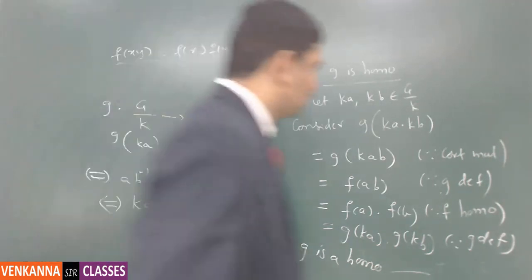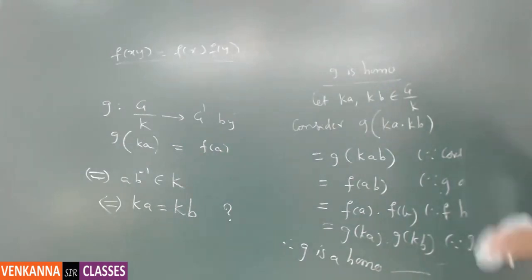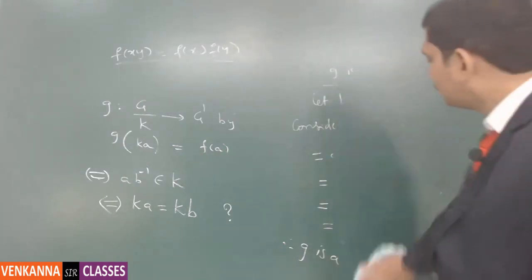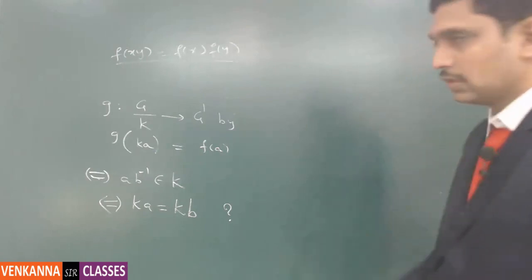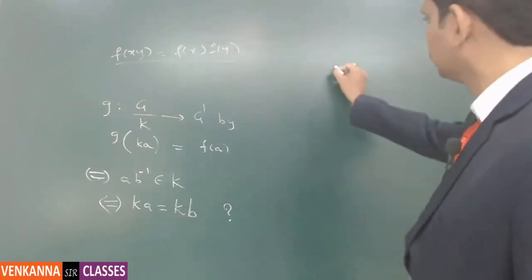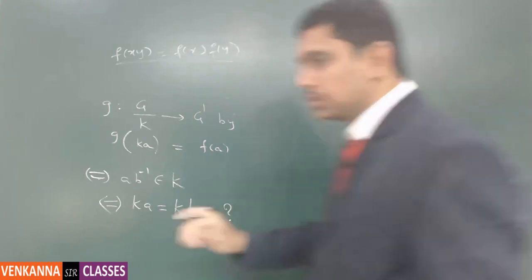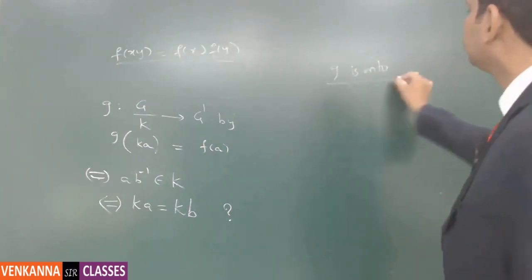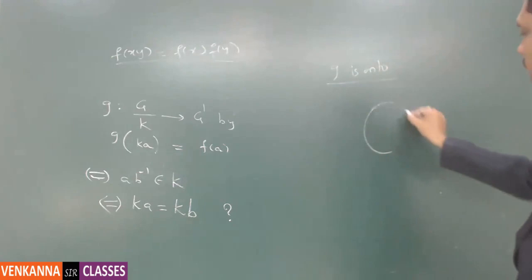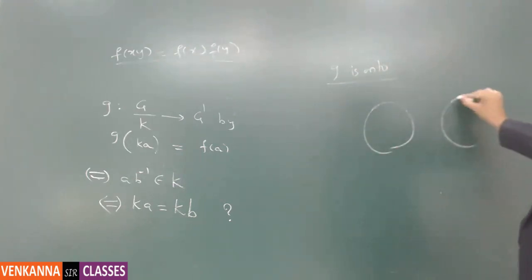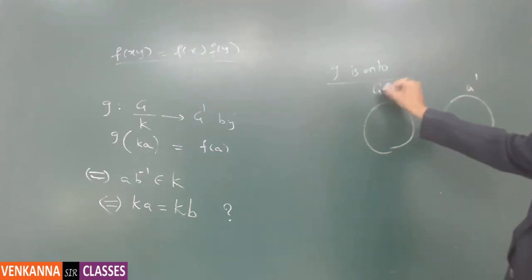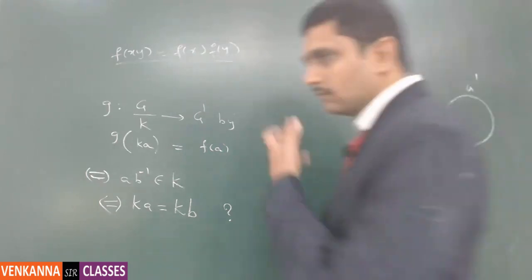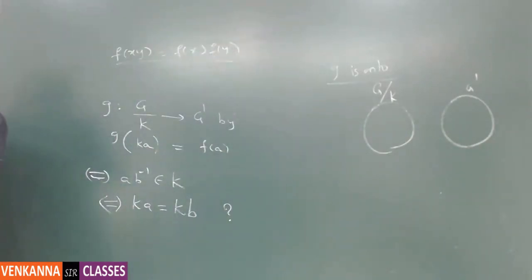Right. Now, this is an interesting situation. How to prove that g is onto? For this, I request you to write the diagram. The diagram gives you very good understanding. Now, what is meant by onto?